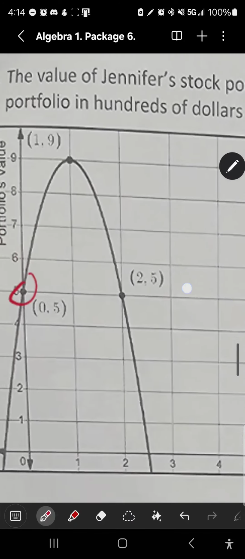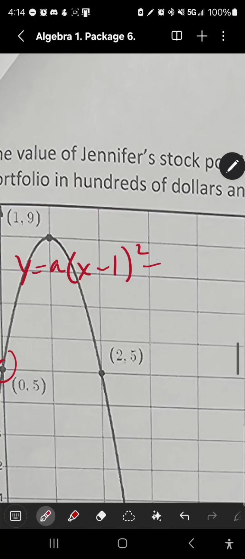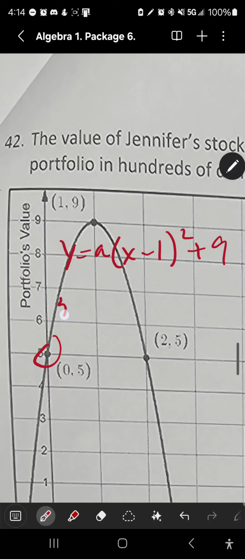Now, let's solve it. y equal a(x minus h), so x minus 1 in this case squared, plus k, so plus 9. We select a point, so 5 will be equal a times 0 minus 1 squared plus 9.